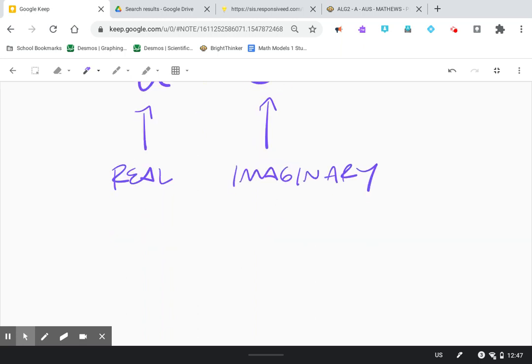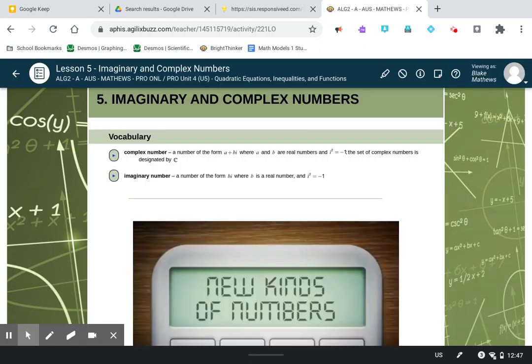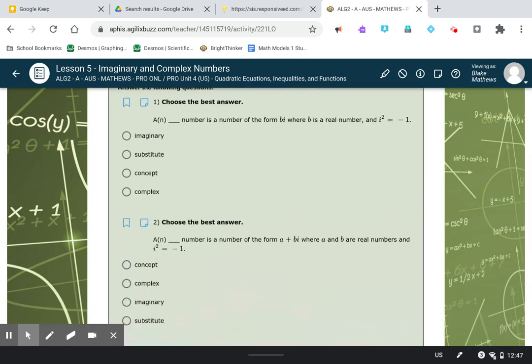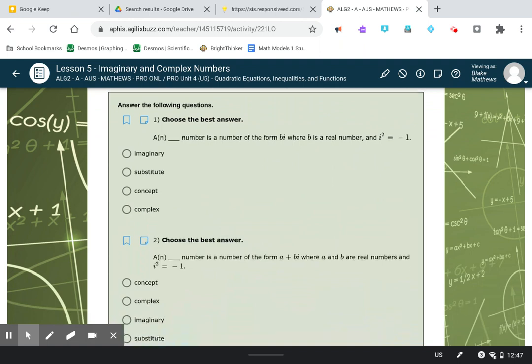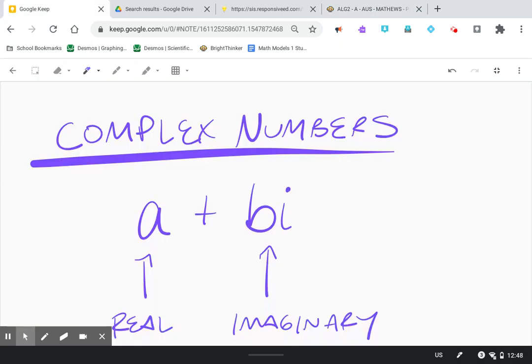So in any complex number, the first term that doesn't have the i is the real portion, and the b is the imaginary portion. So first things first, you have some vocabulary, numbers 1 and 2, and then starting in number 3, you're going to be combining real and imaginary numbers together to make a complex number that is in this form.